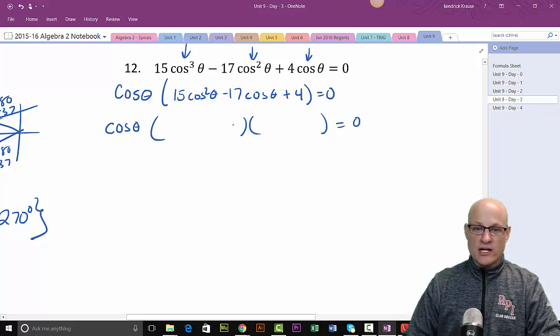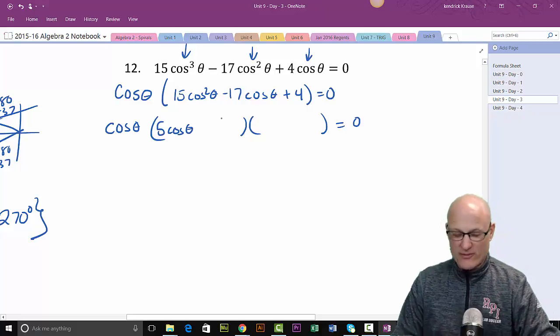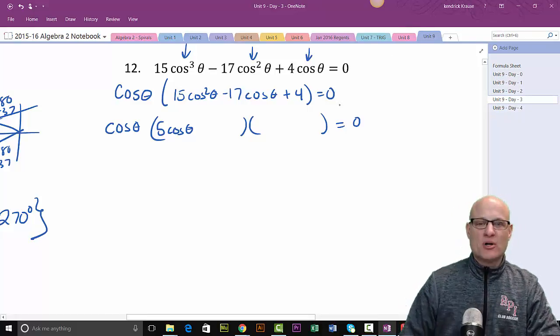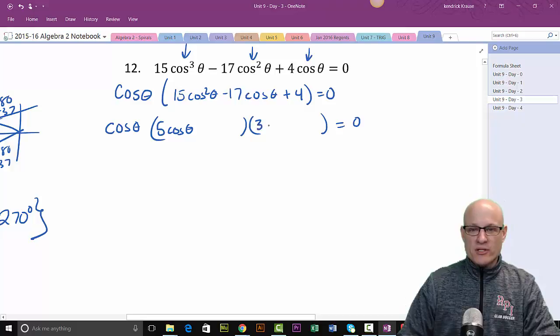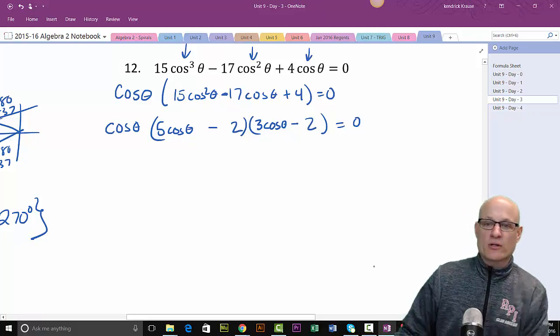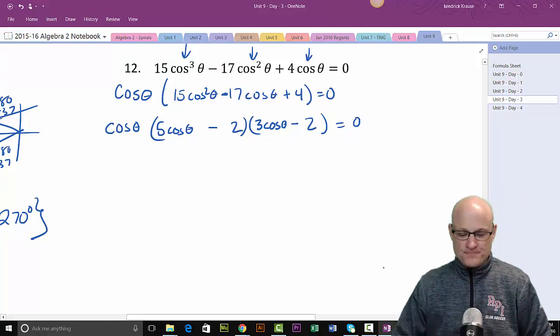You should have, pause this. And 3 cosine theta. And they both got to be negative. So negative and negative. Let's go 2 and 2. That's 10 and 6. That ain't going to work. 4 and 1. 4 and 1 will work.